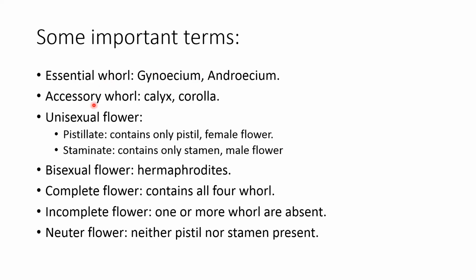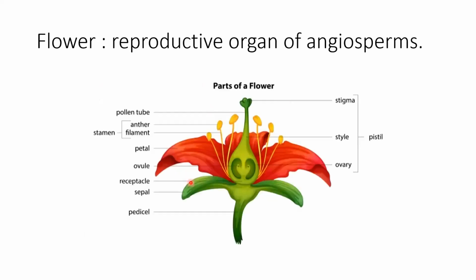Accessory whorls, they are calyx and corolla. Calyx and corolla are not directly involved in reproduction, rather, they help during reproduction. What do they help? Calyx, as you can see, is green in color. So, being green, they perform photosynthesis and also protect the entire flower in the bud state.